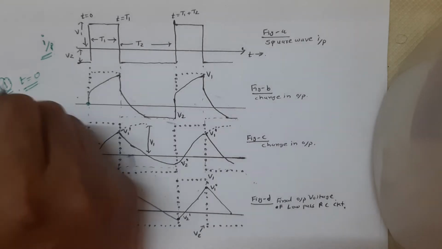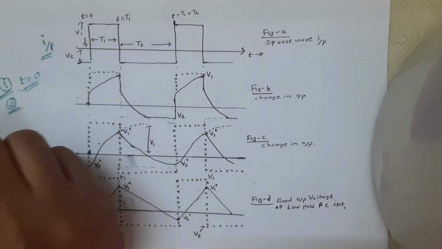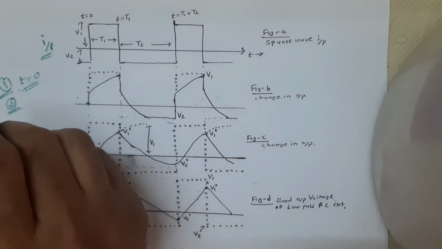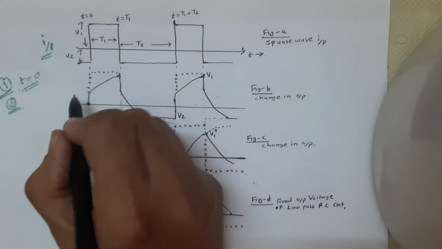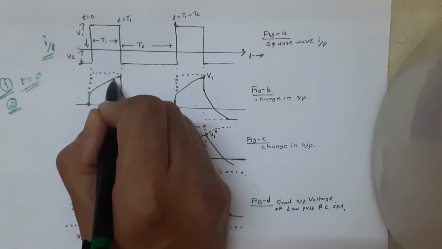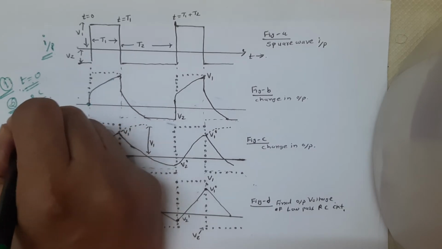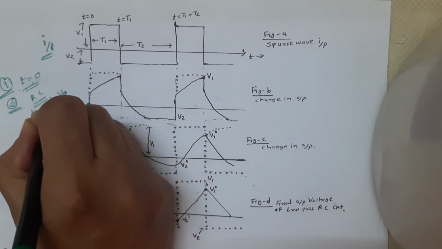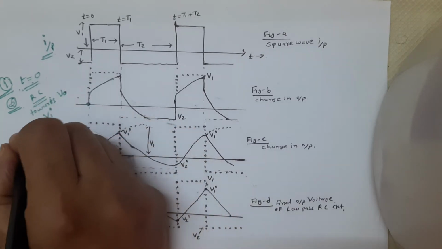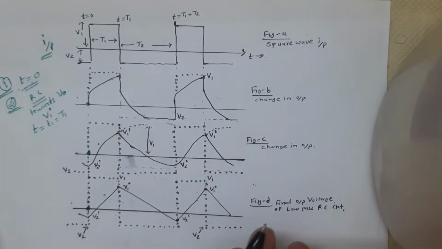Now step 2. As the time increases, 1 second, 2 seconds, 3 seconds, or 1 millisecond, 2 milliseconds, 3 milliseconds, the capacitor starts charging through R and the output rises exponentially with respect to time constant RC towards Vo, and reaches the value V1 dash at time t equal to T1.